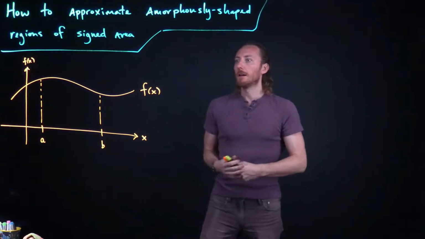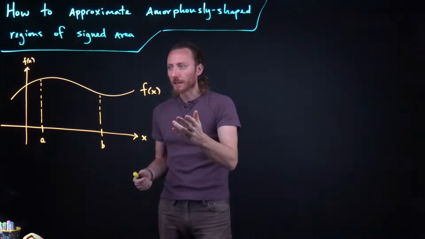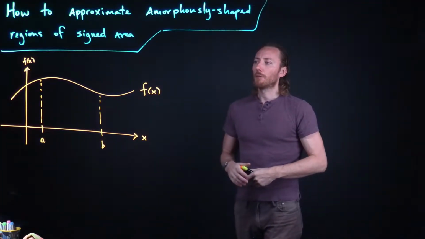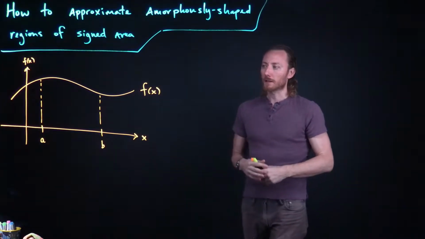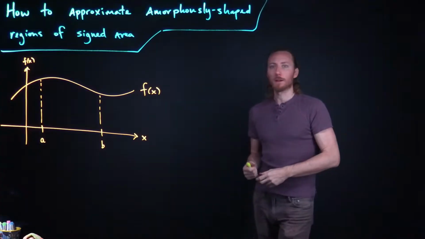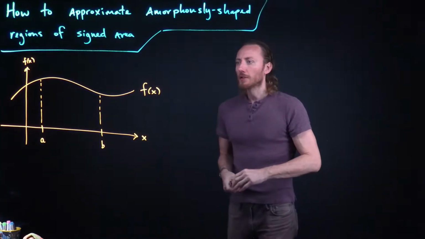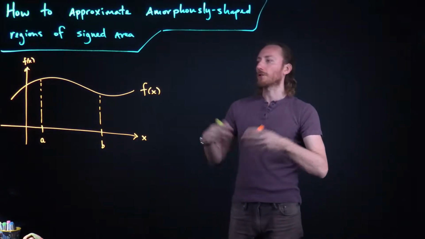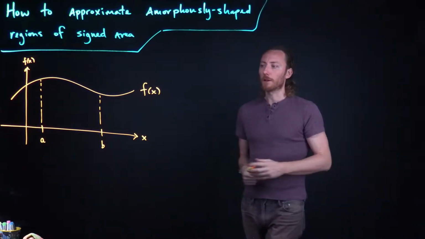The idea is that not every function is so cookie cutter in shape that the region between its graph and the horizontal axis has a geometric formula from high school geometry. Maybe your function is a line and you have a trapezoidal region, and you could use the formula for the area of a trapezoid.